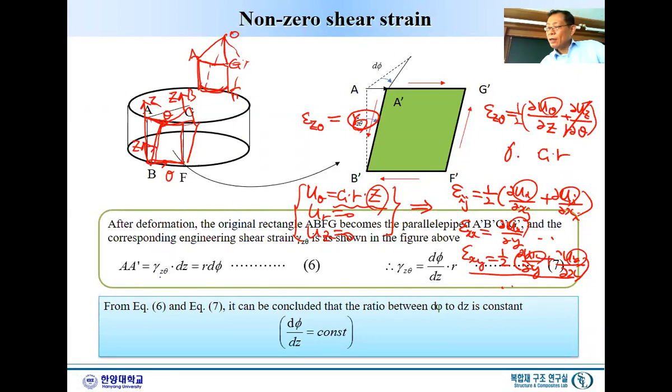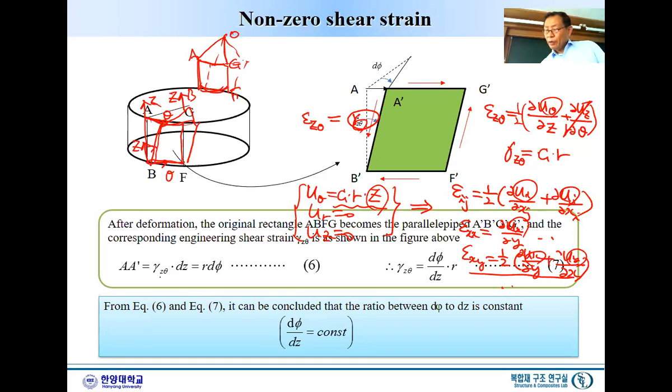So the gamma z theta will be simply C times R. Okay, C times R. So this one, then what is the C? That C is a very important value.